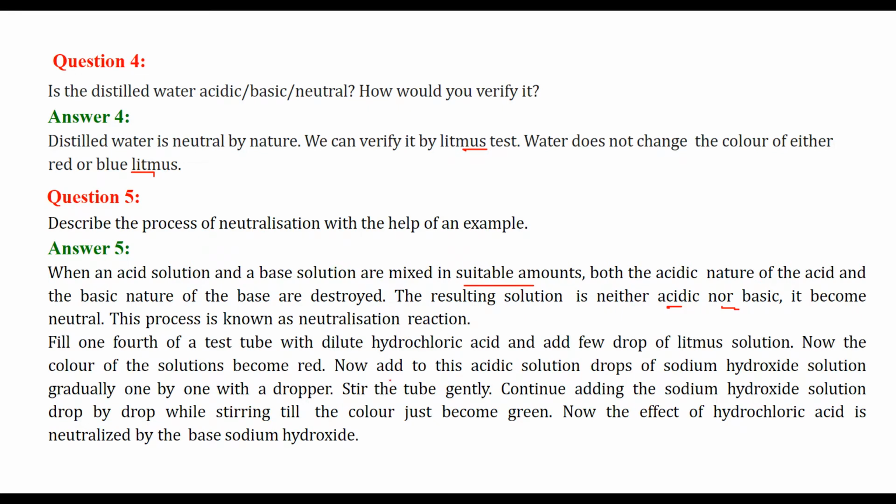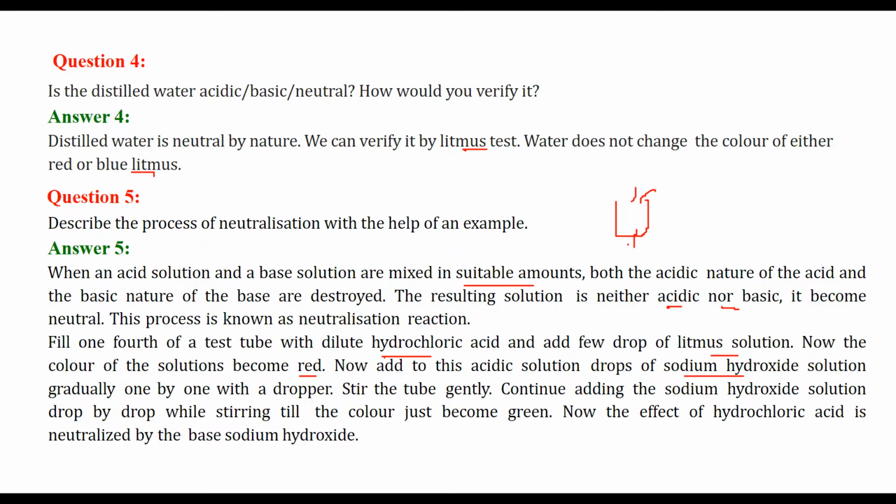What you can do here is take a test tube, fill 1/4 of the test tube with dilute HCl, hydrochloric acid, and add a few drops of litmus solution. Now the color of the solution becomes red. Now to this acidic solution, you can add NaOH, that is sodium hydroxide solution, gradually, one drop at a time with the dropper.